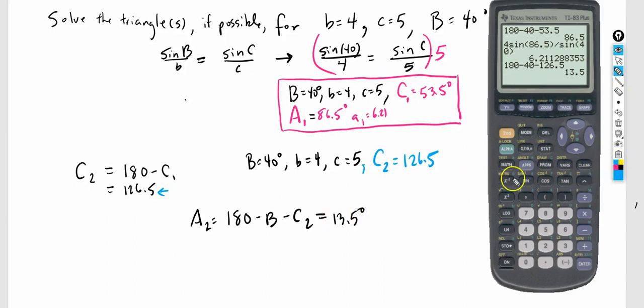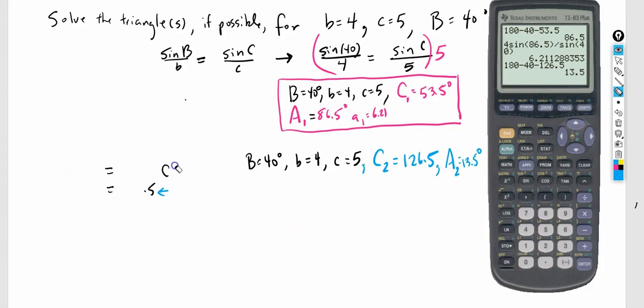Okay, so I have another result that I can put up here. And then I just have to find the remaining side, a2. So again, what I'll use for this is I'll use sine B over b. We just need to find the corresponding side for A2.